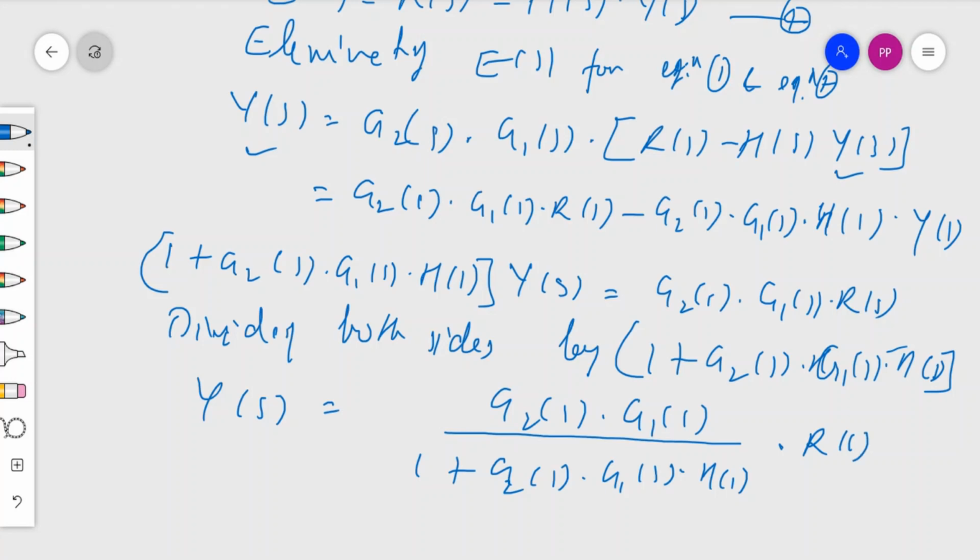Now if I want to shift RS below YS, then we need to take it from here and place it here. So YS by RS is basically the transfer function, and we can write this as T1.